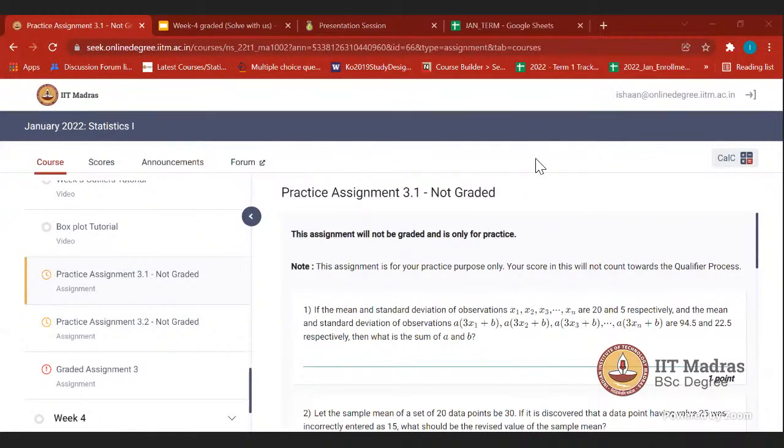Yes, Krishna, you were saying something. Also, if you can give some tips on how to approach and solve these types of questions, that will be helpful. These are just general questions. You just have to use the properties of mean and standard deviation, and know whether it's affected by outliers or not.